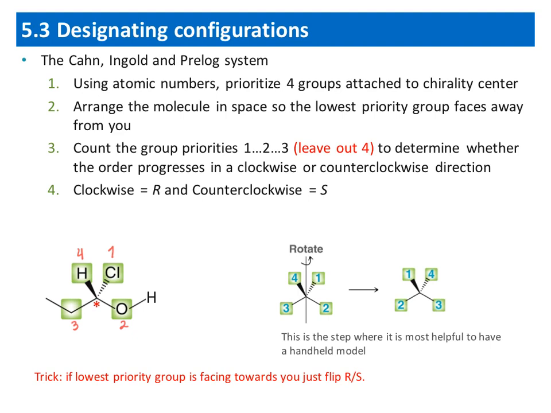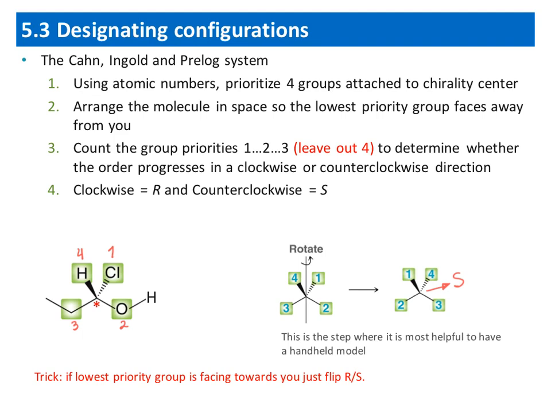After doing this, we start counting the priorities 1, 2, 3, and we always leave out 4. Look at the movement of my cursor. It is counterclockwise. So when the movement is counterclockwise, this chiral center is S. And vice versa, if the movement is clockwise, that chiral center is R.